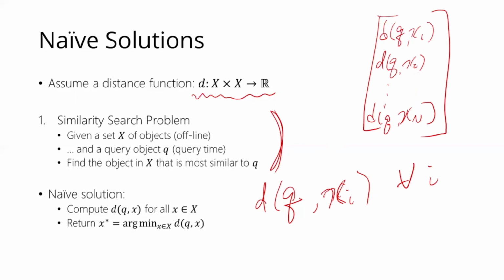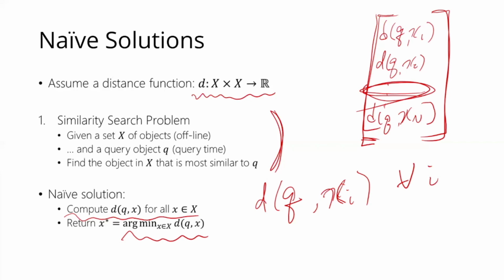As a result, you're going to have a lengthy vector. Once you have this vector, obviously what you can do is take the minimum. Let's say the ith element was the minimum. The element that corresponds to that minimum is going to be the closest neighbor.